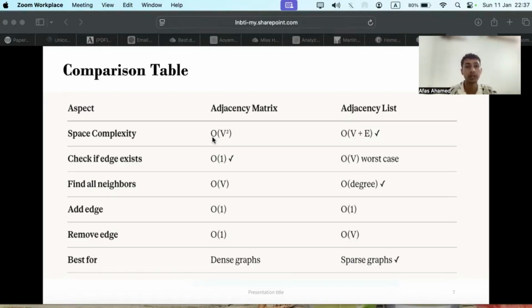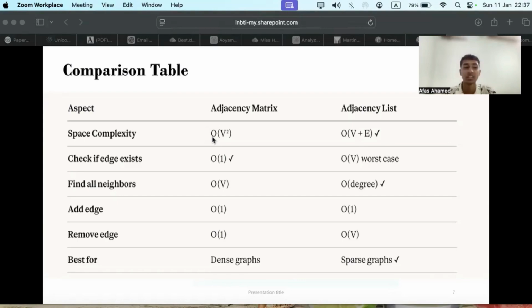And the fifth comparison is when to use which. Overall, adjacency matrices are best for dense graphs, while adjacency lists are best for sparse graphs, which is the case in most real-world applications.